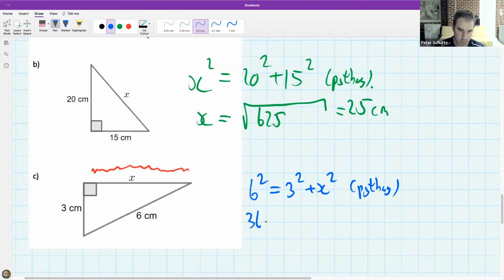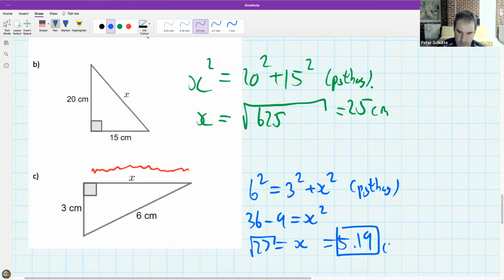And so all right, and so we get 5.19, and that would be centimeters. So 5.19 centimeters. So that is the traditional Pythagoras questions, and it seems to me like all of you are comfortable with that, from what I can see in the chat.